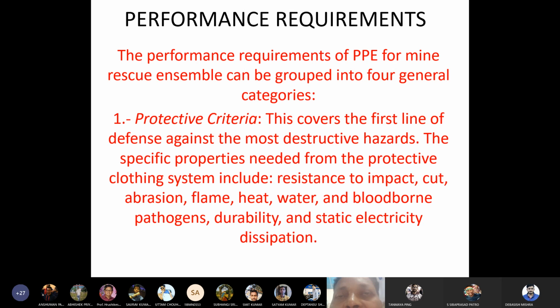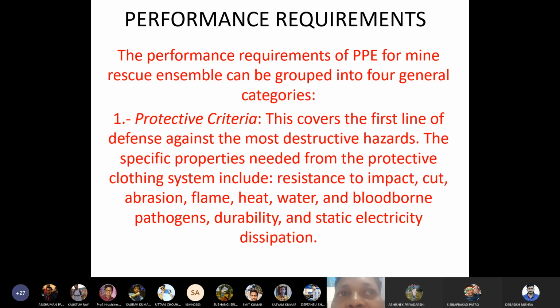If any hot material is falling on your body, it should also protect you. And if there is any abrasion, your body should not be abraded. The protective clothing should protect you from impacts, any falling rock pieces, and any abrasion.